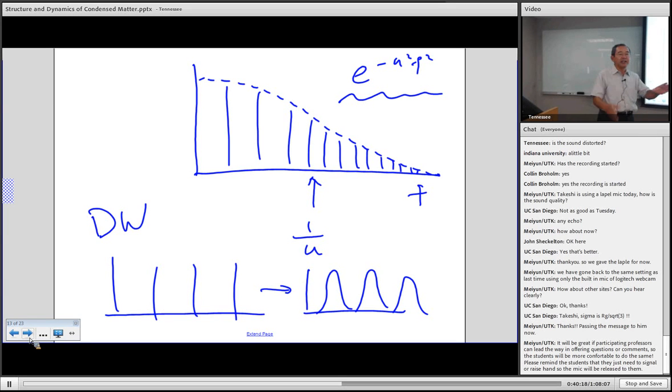So you may say the correlation length becomes shorter. That means it should produce a broader peak, right? It's like breaking up a big crystal into small regions, a nanocrystal. If that is the case, you should see a broad peak. But that is not the case, and you simply see the reduction in intensity.